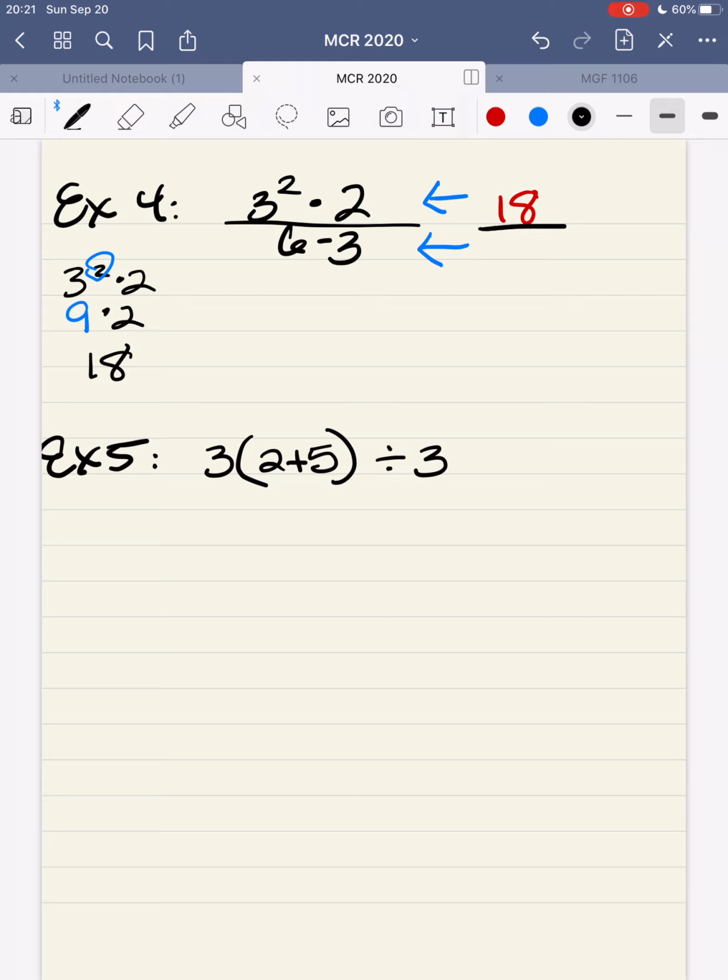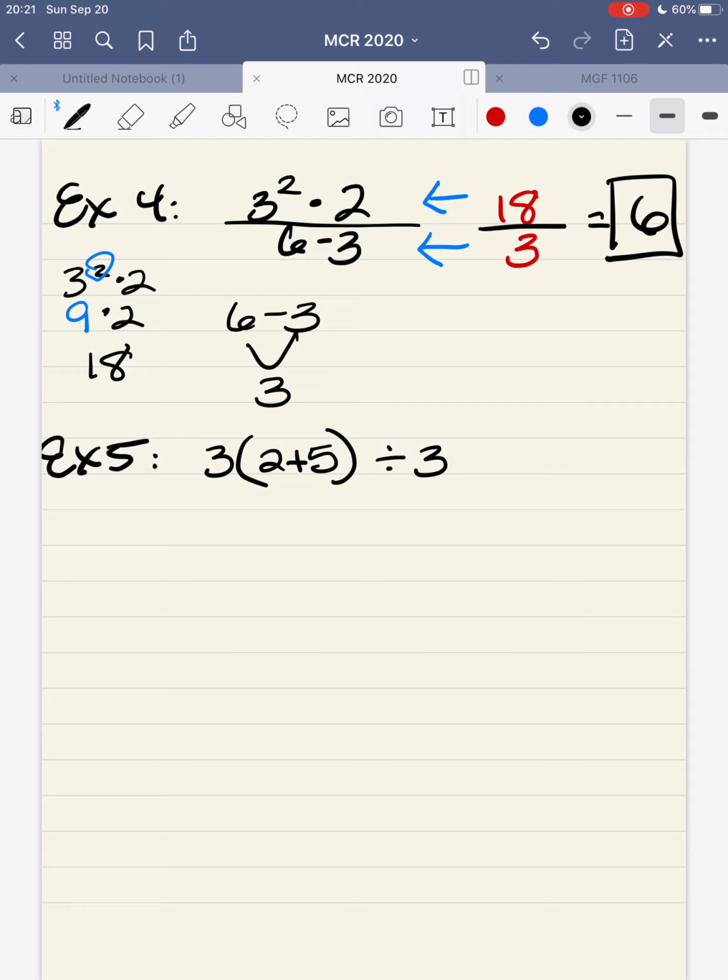All right. Now I go ahead and look at the denominator, and I have 6 minus 3. 6 minus 3 is equal to 3, and 3 becomes my denominator. Once I get the problem to this point, I perform the division. Now in order of operations problems, they always divide evenly. So 18 divided by 3 is going to give me 6, and 6 would be my final answer here.